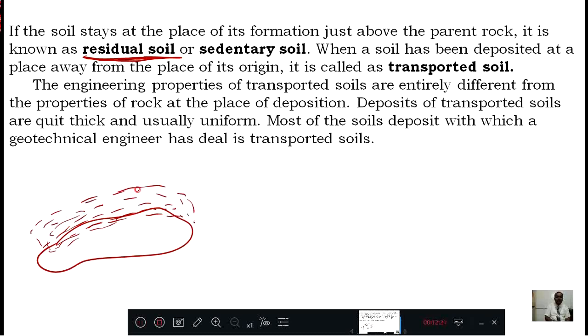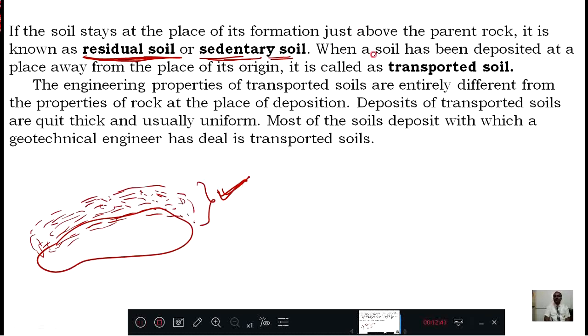It doesn't go anywhere, not by wind, man's action or water. It is staying there itself. Then this soil we call residual soil, or it is also called sedentary soil.